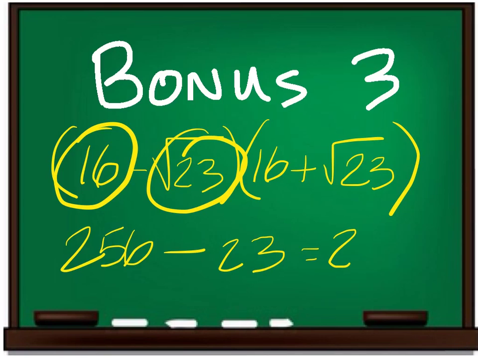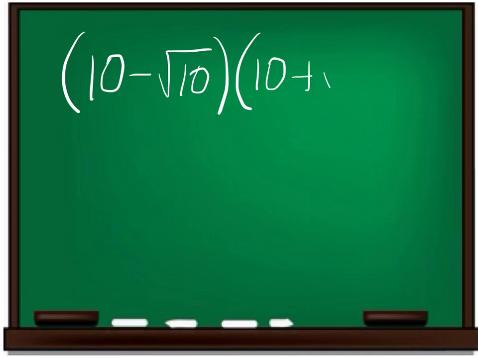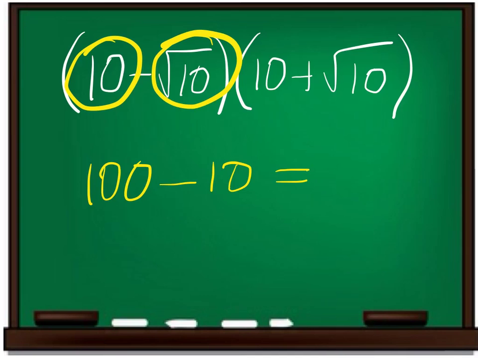Subtract and get 233. On the practice problem, you're going to square this to get 100 minus square this to get 10. The answer is 90.